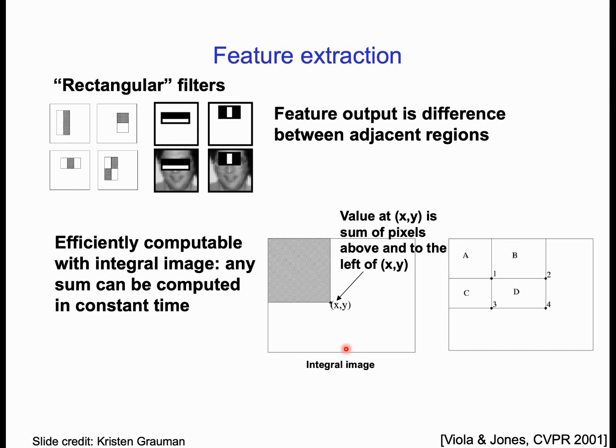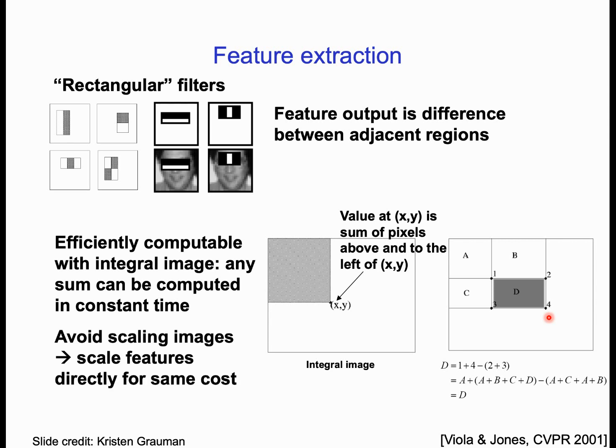For instance, if I want to compute the integral in the region D, I can simply use the values at 4, 2, 1, and 3 in the integral image. The area in D corresponds to the value of the integral image at 4 and 1, subtracting the integral image at 2 and 3, and there I will get the area of D. So you see that it's just reading off intensity values of the integral image to compute the sum of intensities of a very large area in the image.